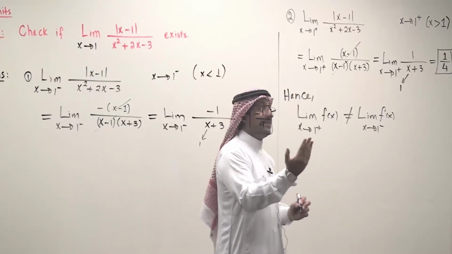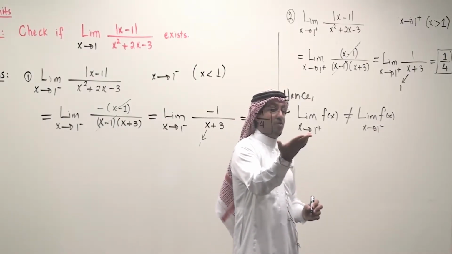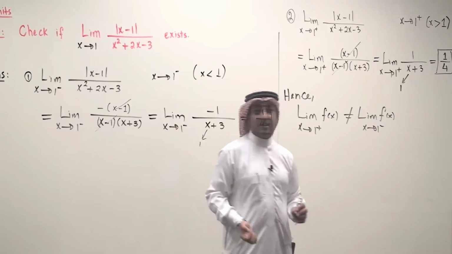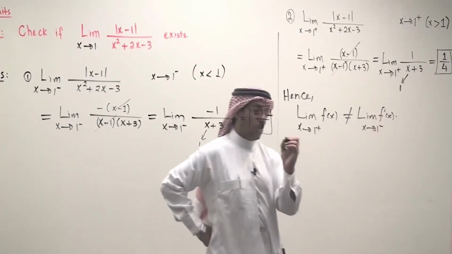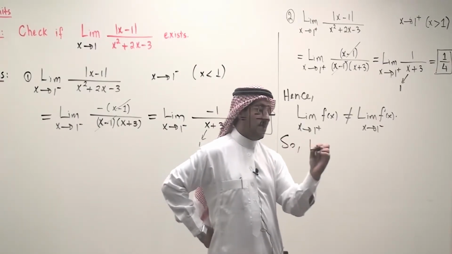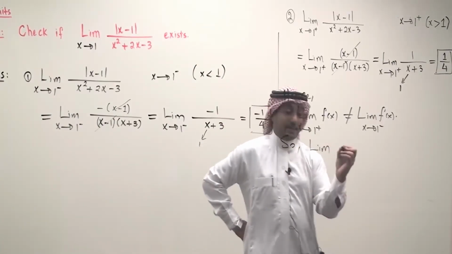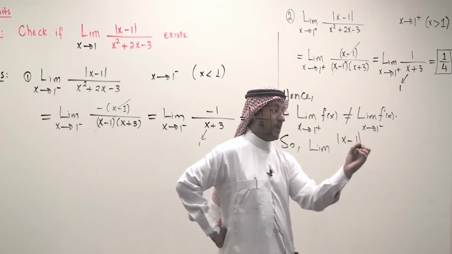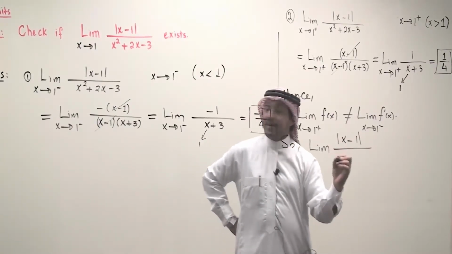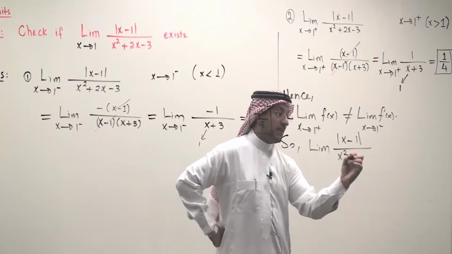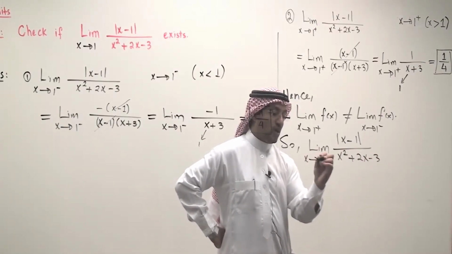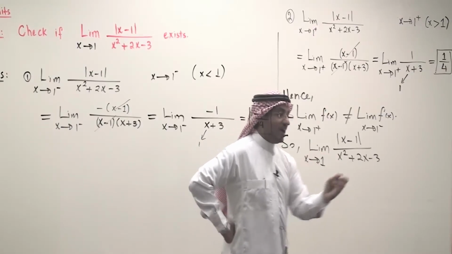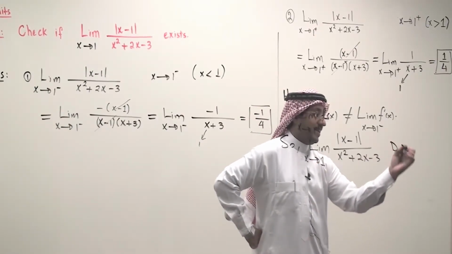Because this one is 1 over 4, and this one is negative 1 over 4. Therefore, the limit of the absolute value of x minus 1 divided by x squared plus 2x minus 3 as x goes to 1, in general, does not exist.